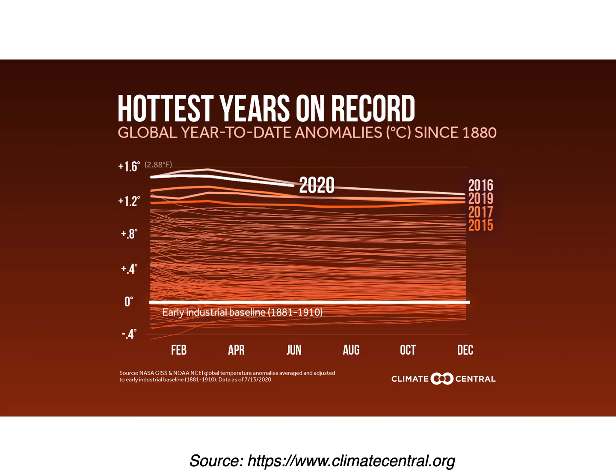And we can see the last 5 are 2020, 2016, 2019, 2017, 2015. The white line represents that baseline period for 1881 to 1910, and we can see how different the temperatures are now relative to that baseline that is over a century old.